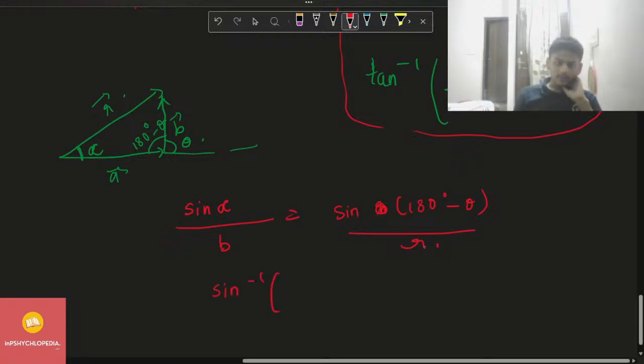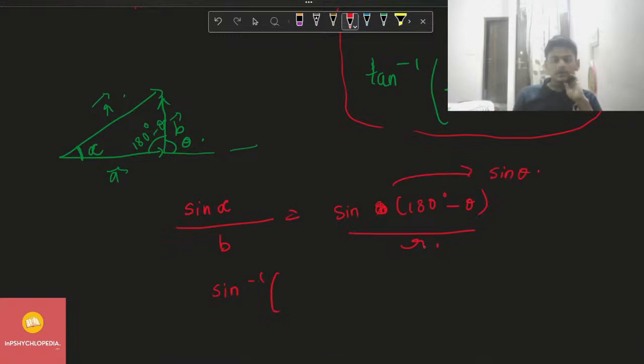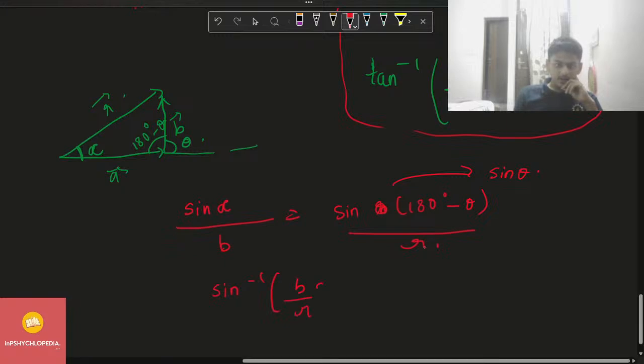So sine inverse of... sine 180 minus theta is nothing but sine theta, again a circular function. So just remember these formulas. If you are right now in class 11th and you have just started, you can just wait for some time. You will get to know about this in your trigonometry chapter, class 11th only. But yeah, sine of 180 minus theta is sine theta, so sine alpha will be b by r sine theta. So alpha is equal to sine inverse of that. So this is the way to find out alpha.